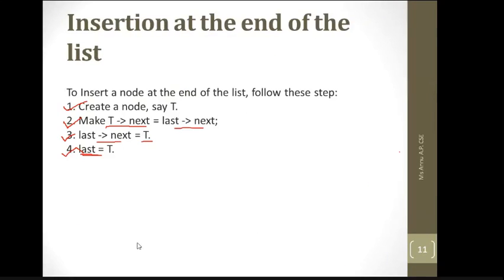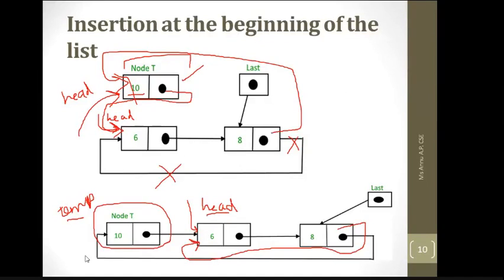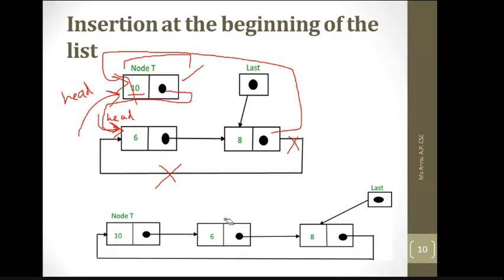Okay, so let me take the same example again. If you need to delete from the last position in the given circular singly linked list, what do you need to do here? In this given list of 3 nodes, 10, 6 and 8, you are going to delete the 8 from this position.